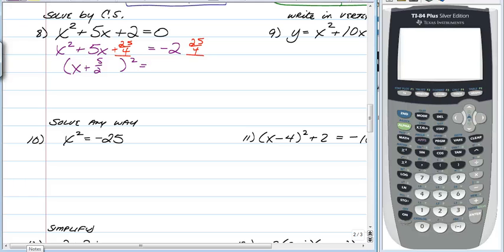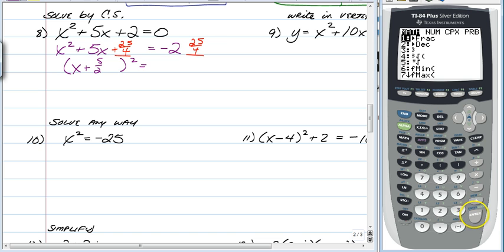So here we go. Let me show you that whole skill really quick. So back over here when I said half of 5 was 5 halves, squared is 25/4. Watch, your calculator will do that. If you press 5 divided by 2 and click enter, it gives you a decimal. Now if you square that by pressing squared, it'll automatically square the previous answer, and you click enter, it gives you 6.25.